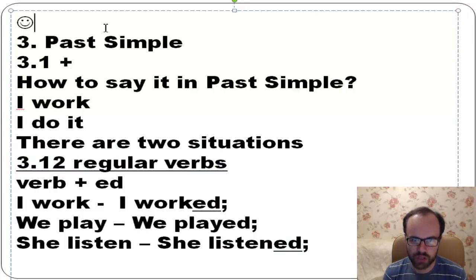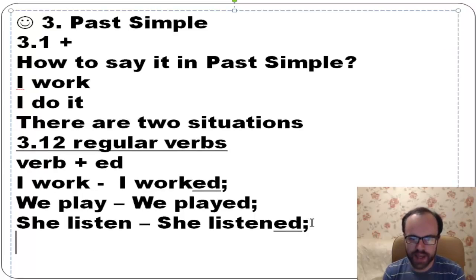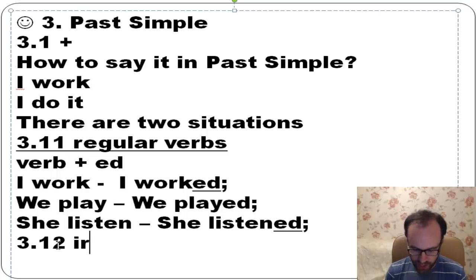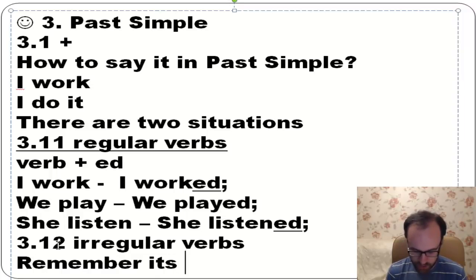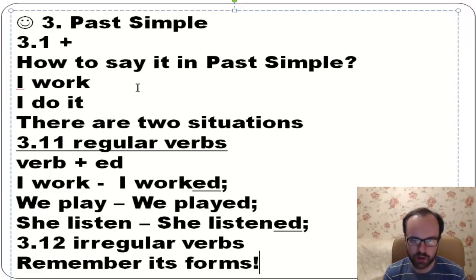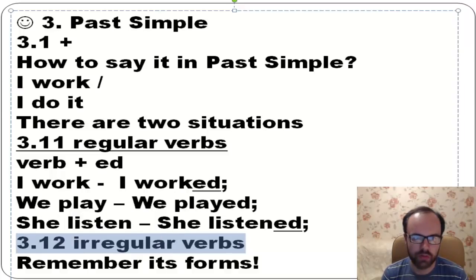Okay, it's the first situation. And the second situation is for irregular verbs. So you need to remember its forms. So look at do.